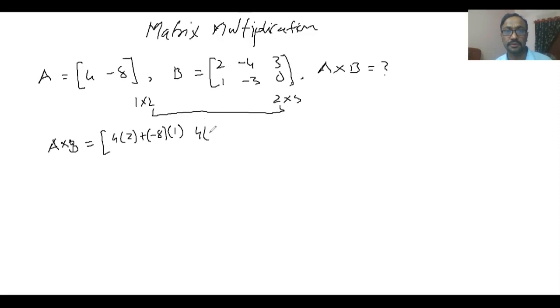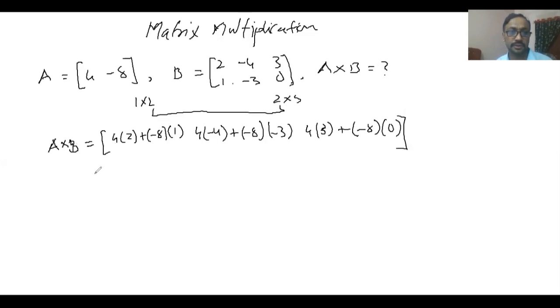So it will be 4 times minus 4, plus minus 8 times minus 3. Then we'll take again 4 multiplied by 3, plus minus 8 multiplied by 0.